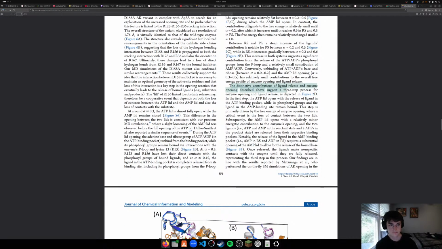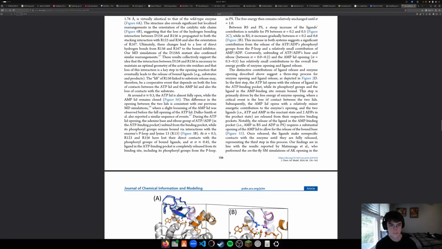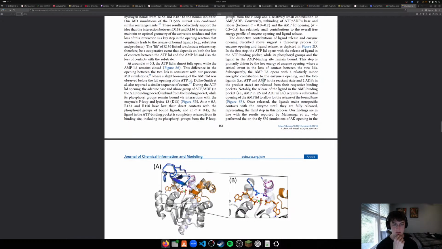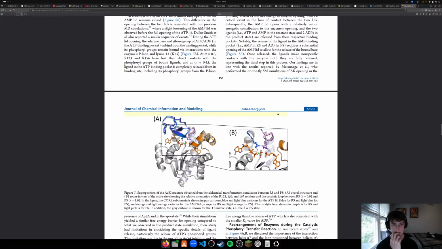The first step: the AMP lid opens with a relatively minor energetic contribution.